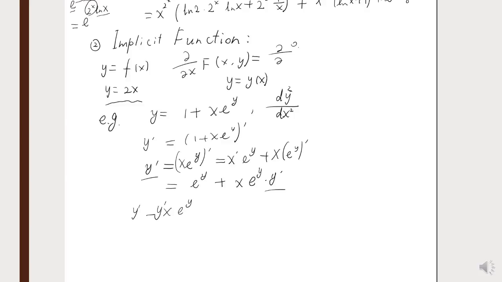Okay, like this. And on the right we have y prime extracted, e to the y. Okay, and finally we can deduce y prime equals e to the y divided by e to the power of y times x.